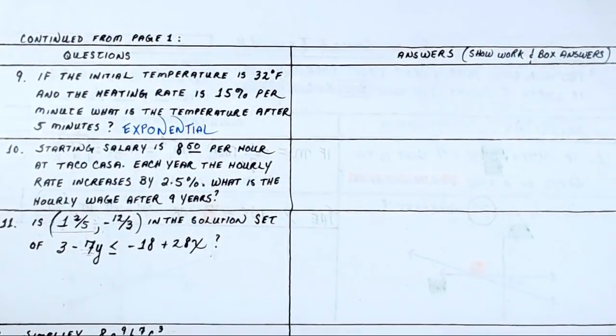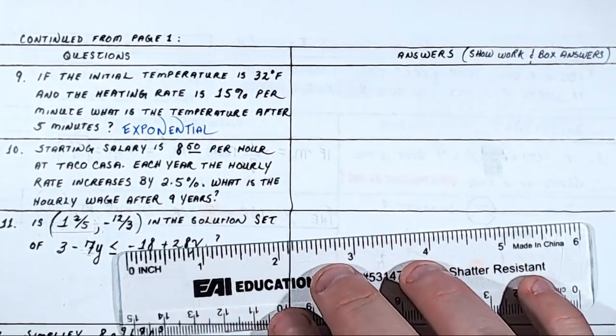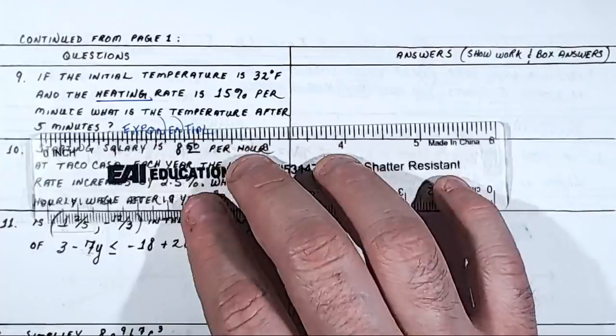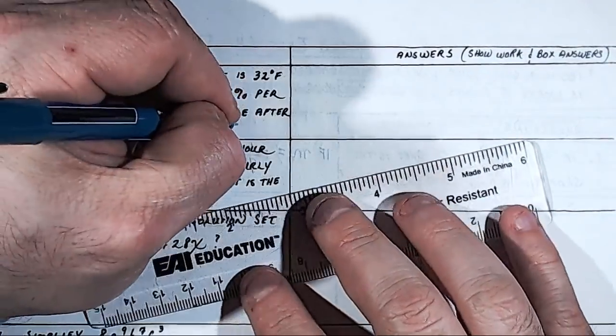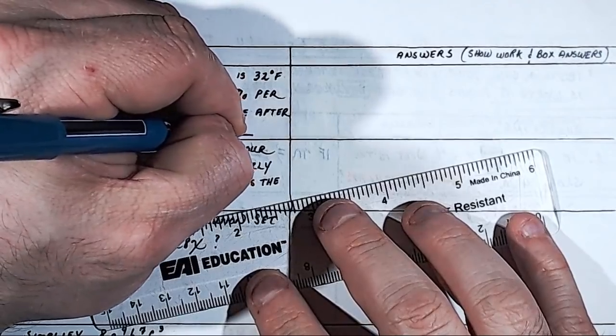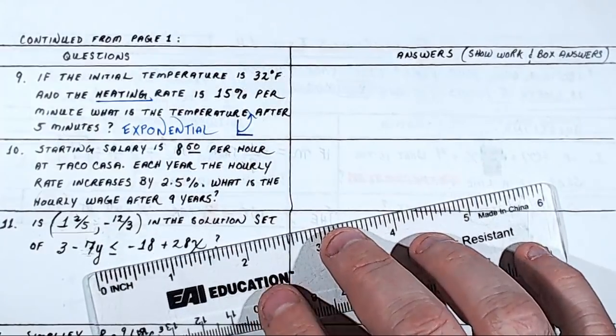Okay, it's an exponential growth function. Okay, because it's heating, right? So heating means it's getting hotter, temperature's going up. So exponential growth, we know we're going to be looking at something that looks like this, that exponential growth curve.